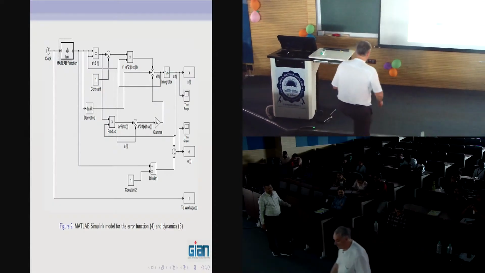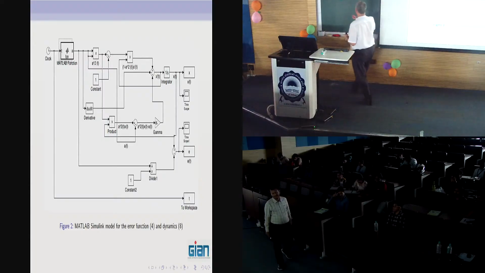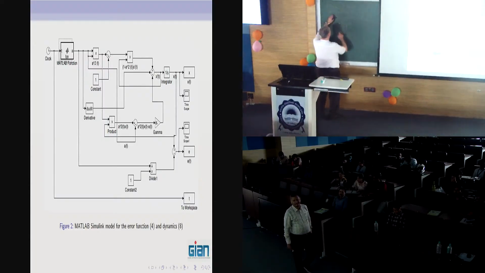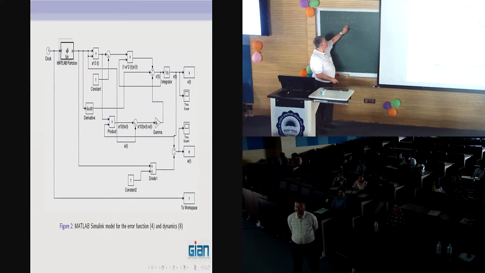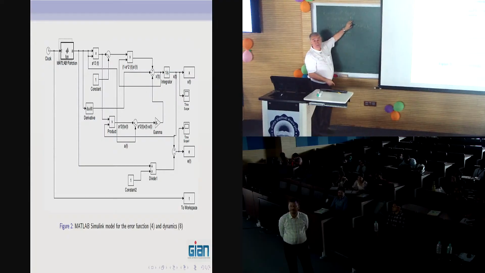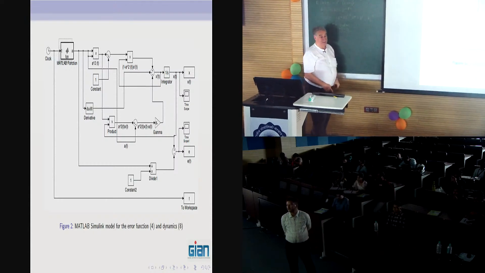The analytical solution is E of t equals E of 0, the initial state, times the exponential term e power minus gamma t.